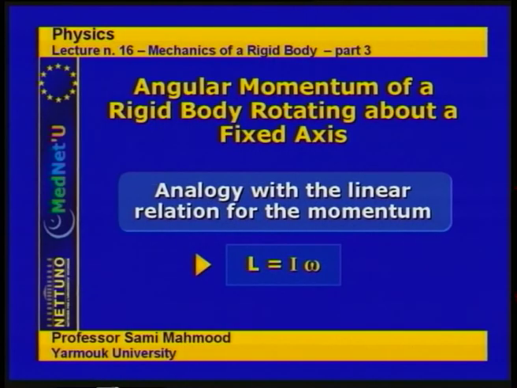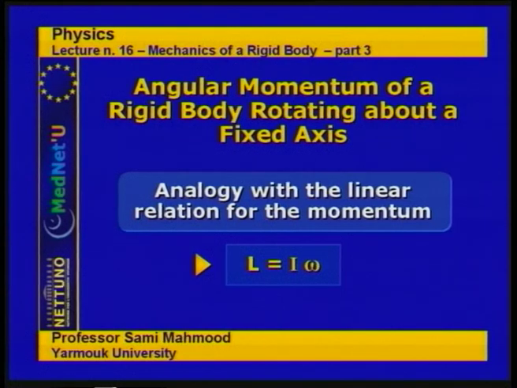And now we can define the angular momentum of a body rotating about a fixed axis in terms of its angular variables. And the definition is L, the angular momentum of the body rotating about a fixed axis, is simply equal to its moment of inertia, I times omega.